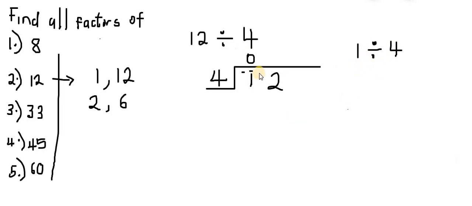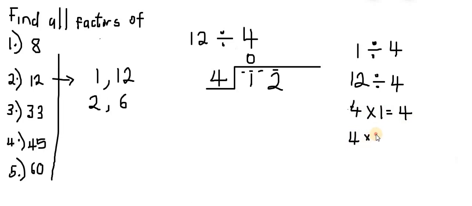Okay, so now we go for the both, 12 divided by 4. If I go through that, 4 times 1 is 4. 4 times 2 is 8.